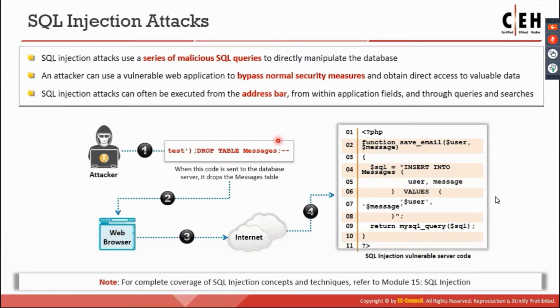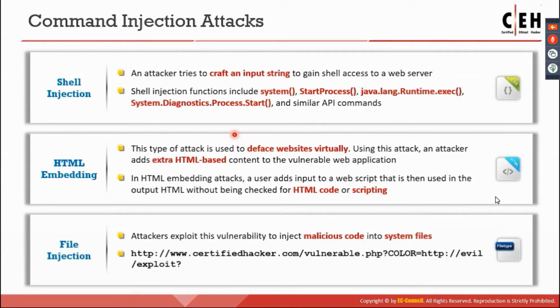That semicolon says that's the end of this message, and anything else in this entire SQL statement, I want you to consider to be a comment. You're not going to run it. So now I put that in a web form, and the database deletes the table, just drops it. Boom, it's gone.